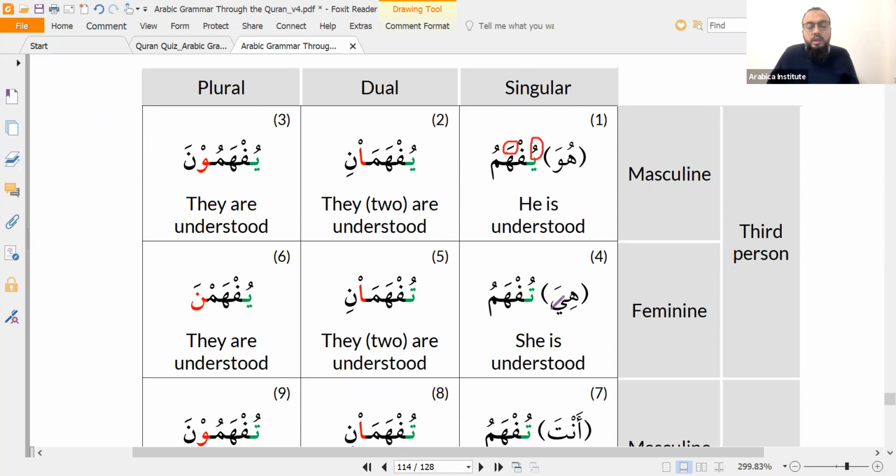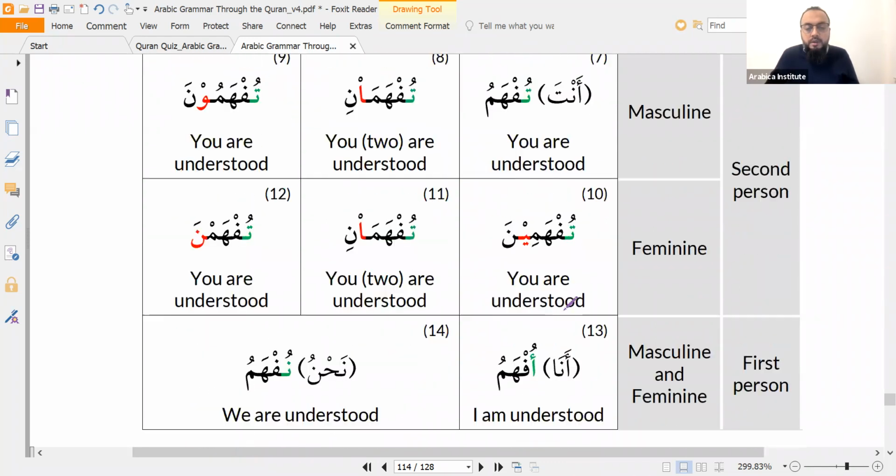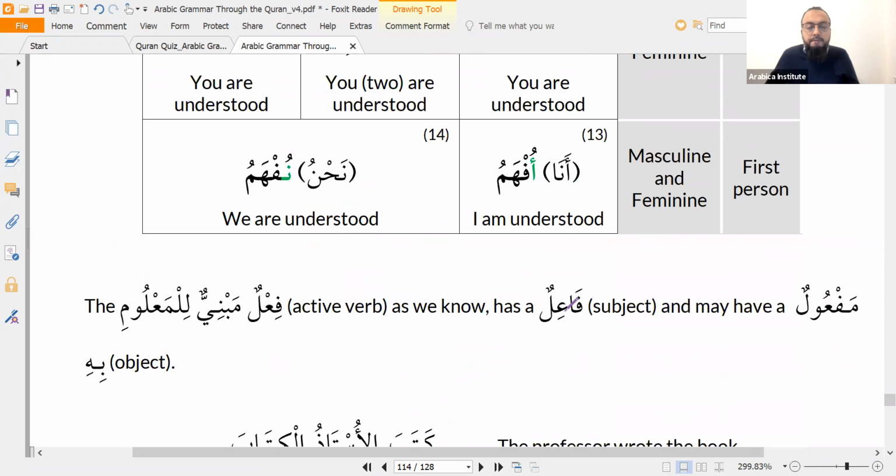Let's have yaqtulu, he is killing. It is being killed. Yuqtalu. Yuqtalu, good. He is being killed. There we are. You know, we did yumna'u. So what's the active of yumna'u? Good. The active would be, as you know, mana'a yamna'u. Okay. Passive, muni'a yumna'u.